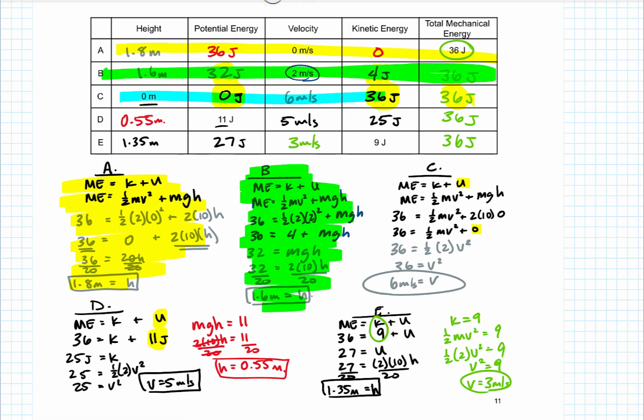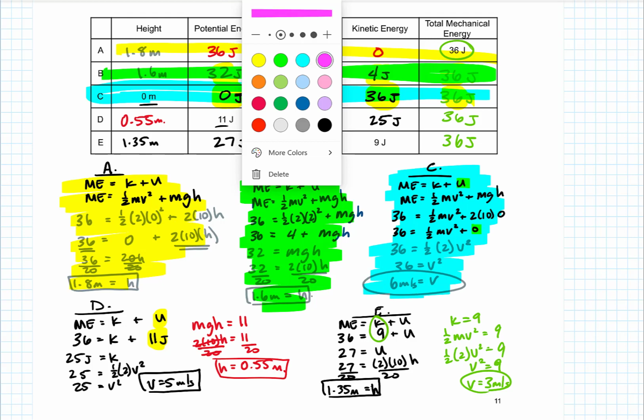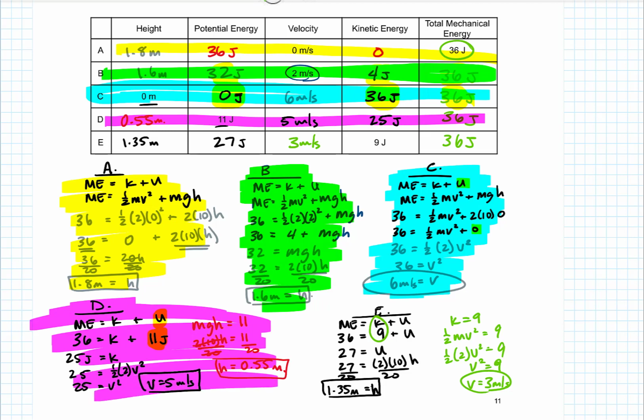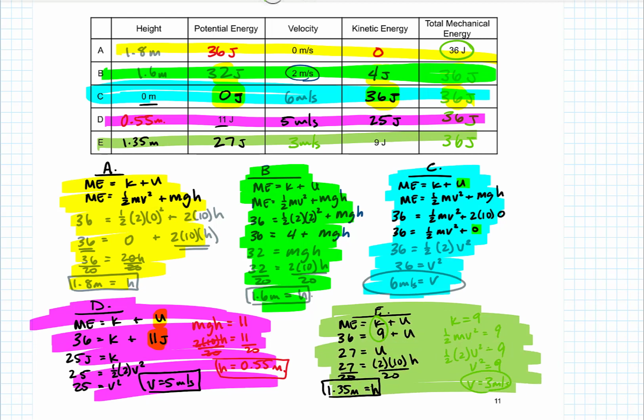Everything we did for C will be in this nice baby blue color. Everything we did for D will be in this very hard to read color right there. And then everything we did for E is right there. I'm going to move on to question 2.